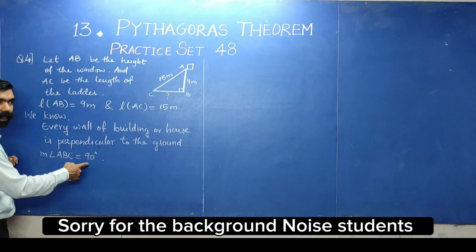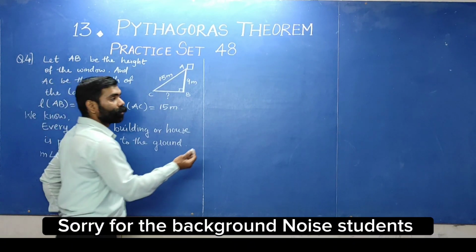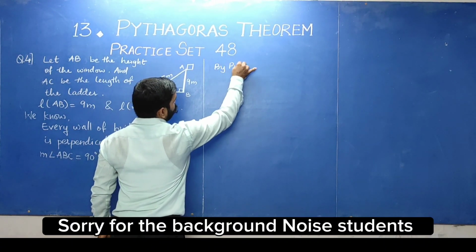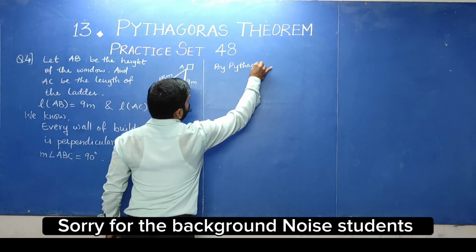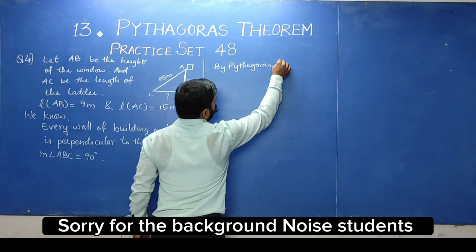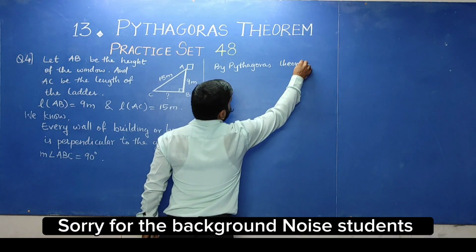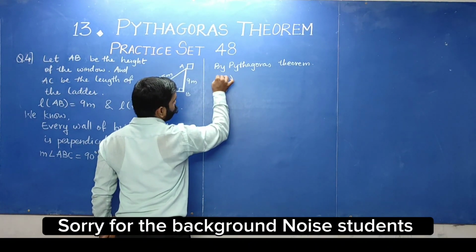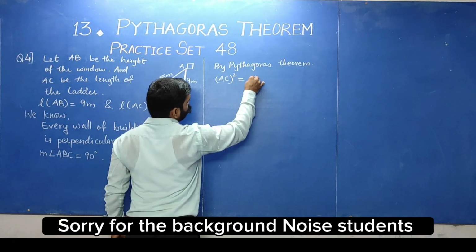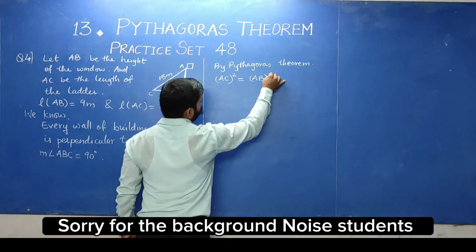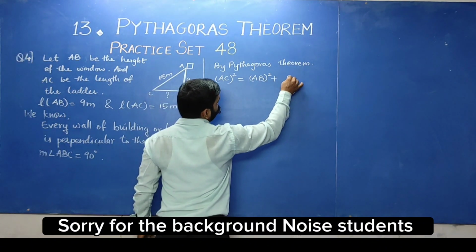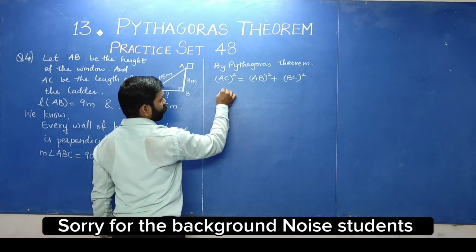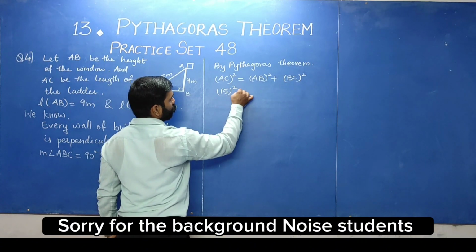Now as we got 90 degrees, we will use Pythagoras theorem. So by Pythagoras theorem, AC square is equal to AB square plus BC square. Okay, AC is given as 15, so we will write 15 square.